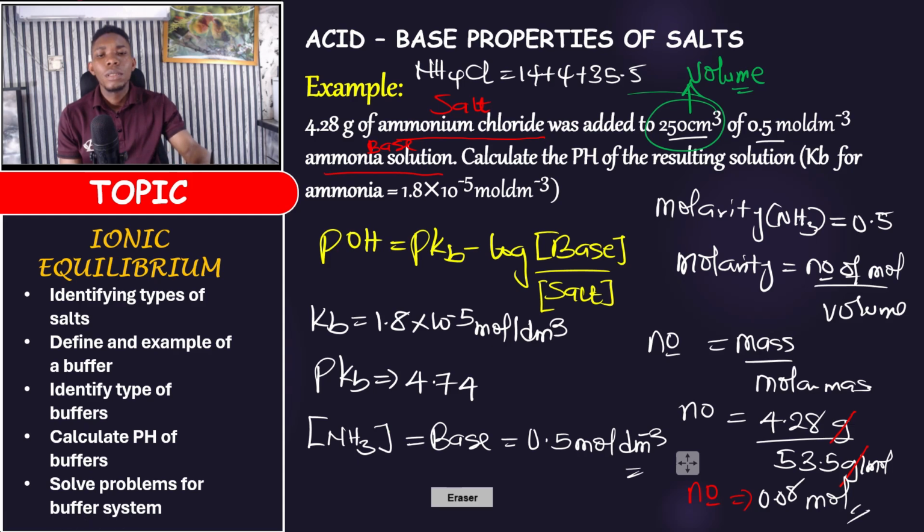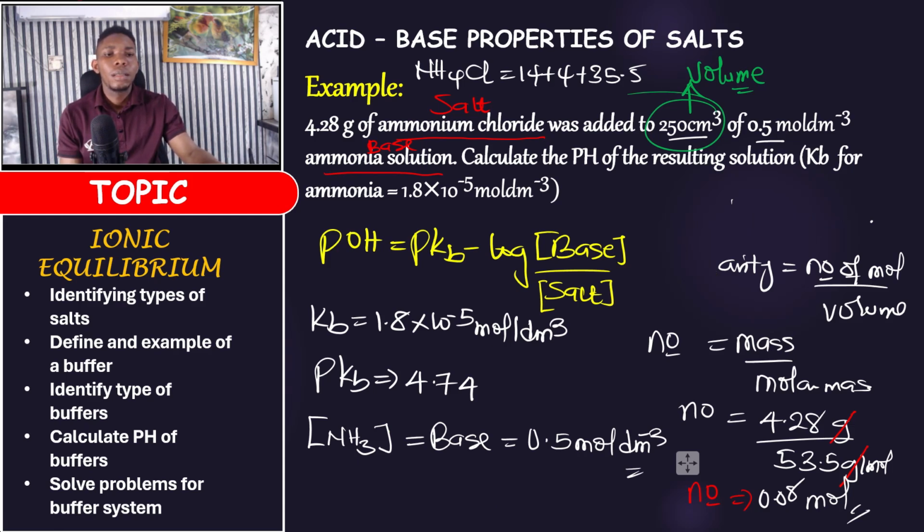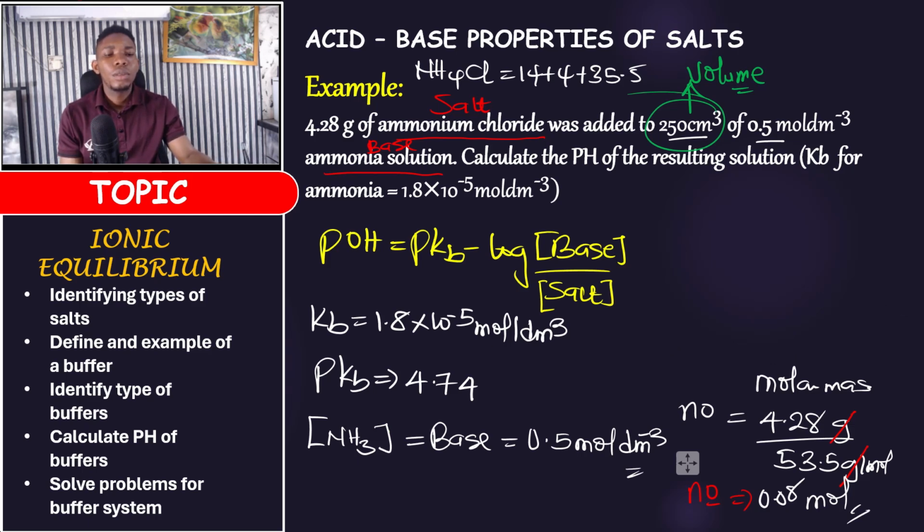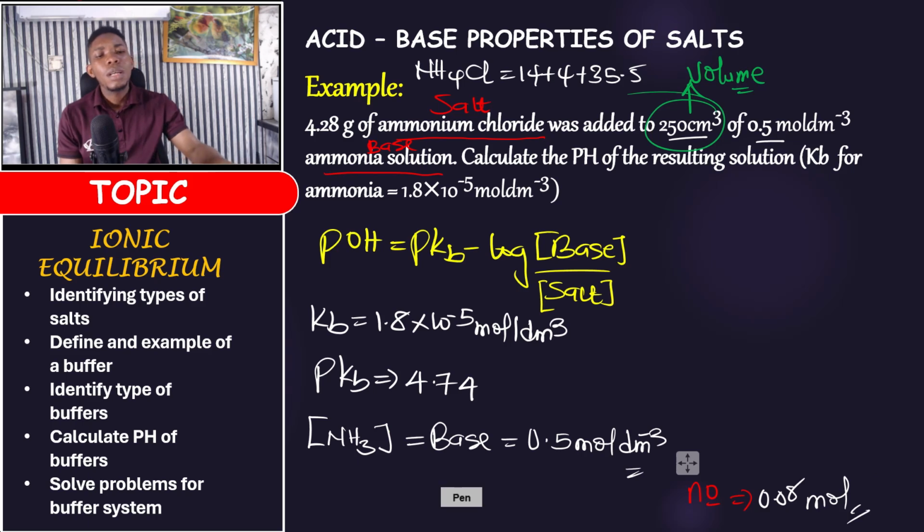Let me just erase. Okay, we've already found this, so I can erase this part. We are supposed to have another space to write on. So this is the number of moles of ammonium chloride. Now let us calculate the molarity of ammonium chloride.